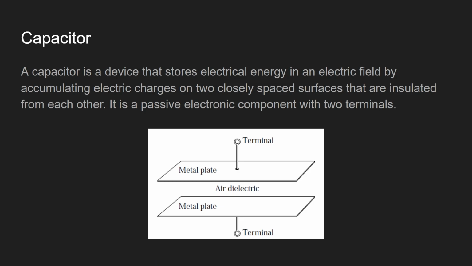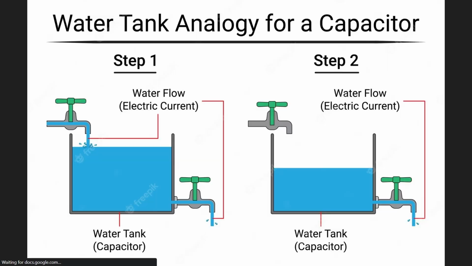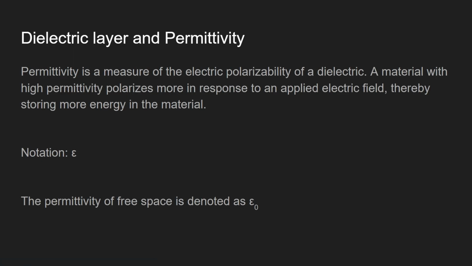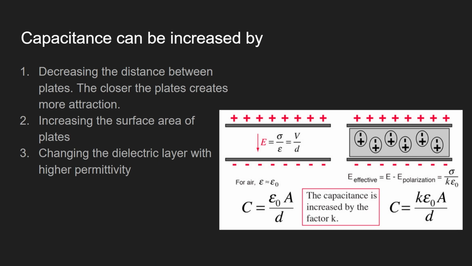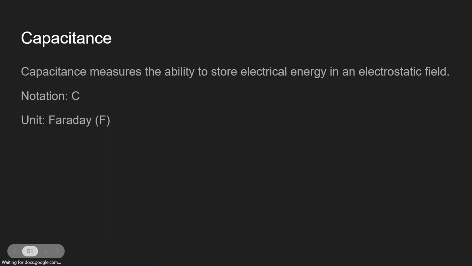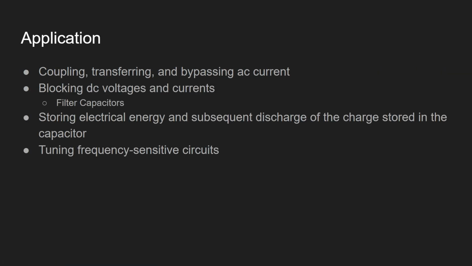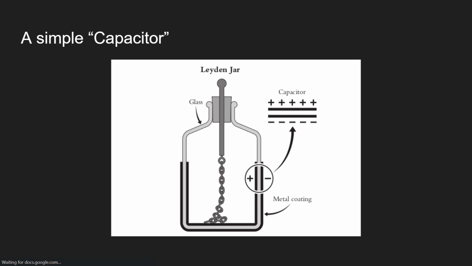By changing the material in between, you will have a stronger permittivity, so that we can store more energy. Permittivity is not asked in your exam, but I have to go through it because there are some concepts you have to know.